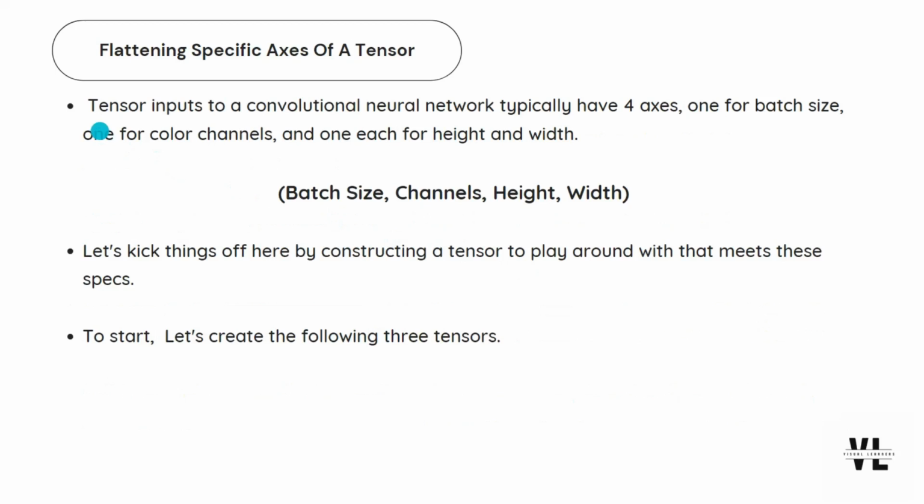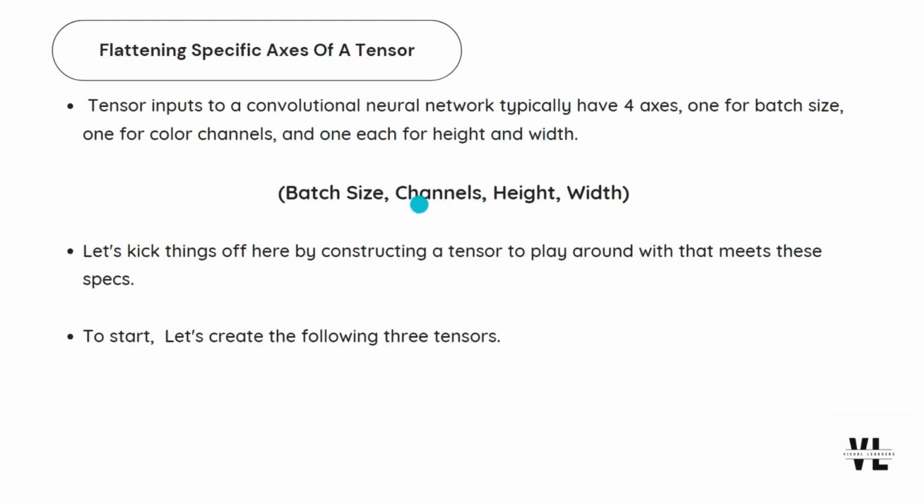Tensor inputs to a convolutional neural network typically have four axes: one for batch size, one for color channels, and one each for the height and width. So for the input shape of a neural network using PyTorch, first you must define the batch size, or how many images you have in a batch.